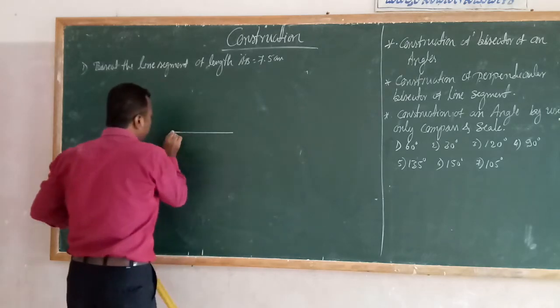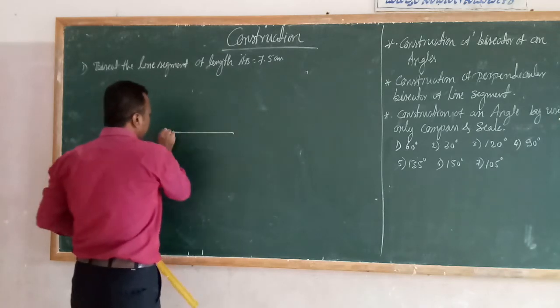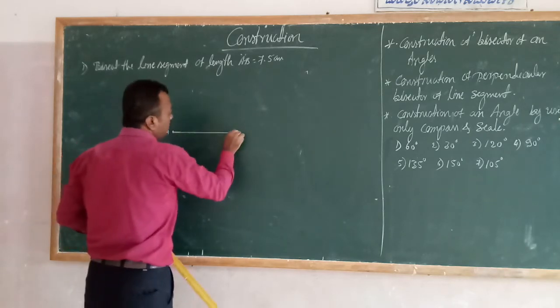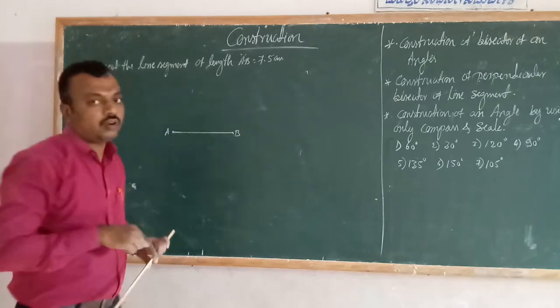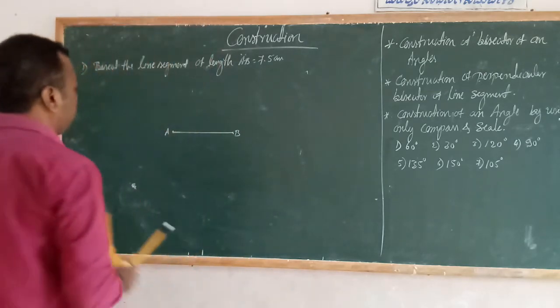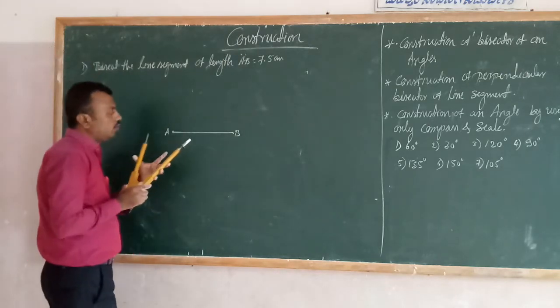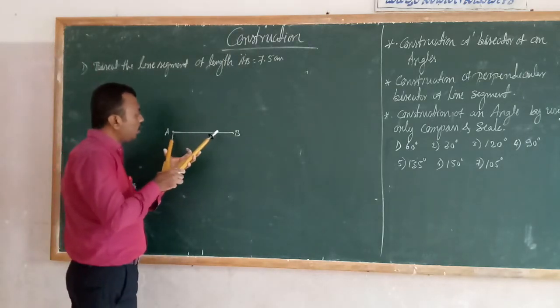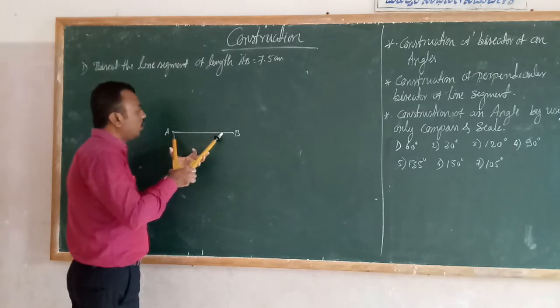Okay, this is a 7.5 centimeter line segment, called AB. This line segment we have to bisect perpendicularly. Same rule. What is the rule? You take more than half of AB.